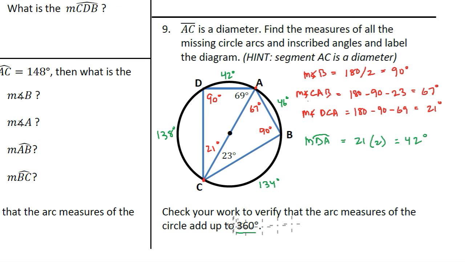And then it says check your work to verify you did it right. This is a good idea on a test. If I did my work right, then these arcs around this whole circle must add up to 360 degrees. So 138 plus 134 plus 42 plus 46.